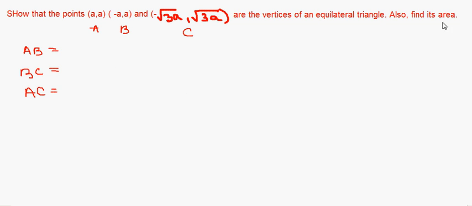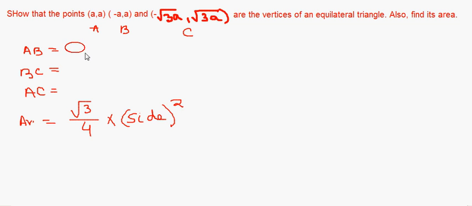Find its area. To find any equilateral triangle's area, we apply the formula which says area is given by root 3 by 4 side square. Now you have already calculated the sides, which you will always find these three being equal.